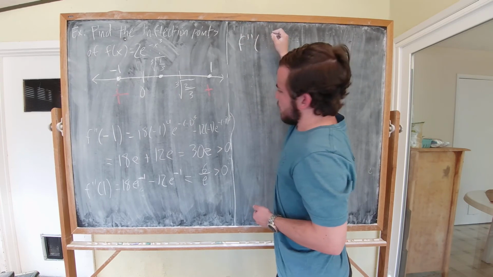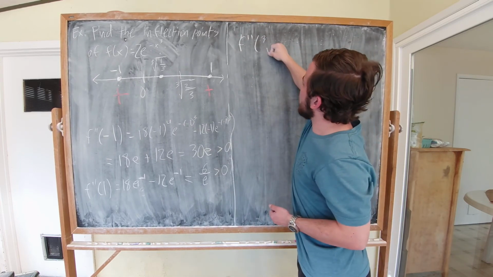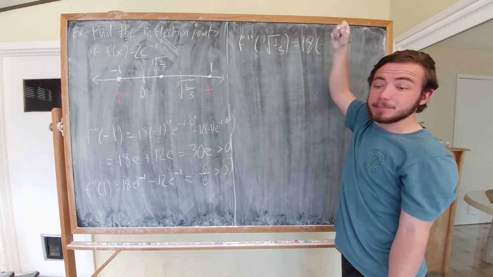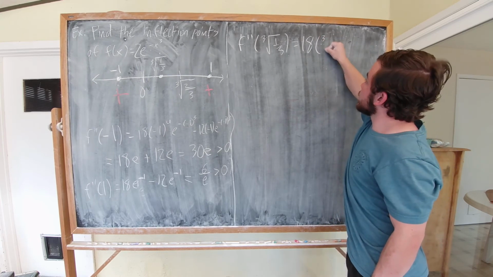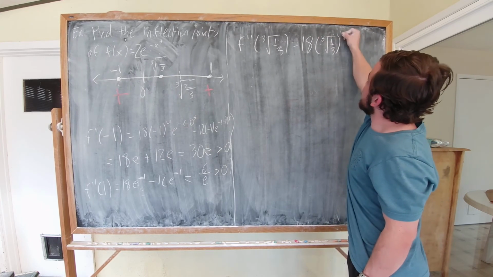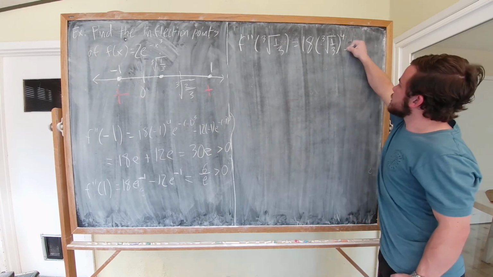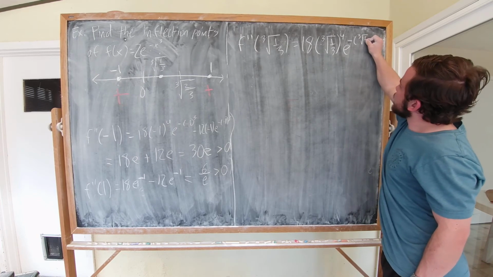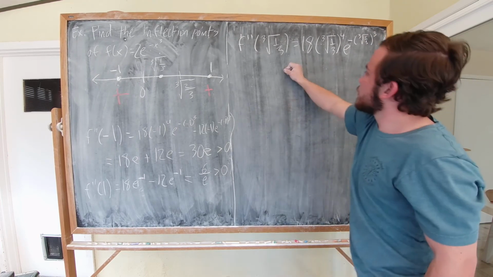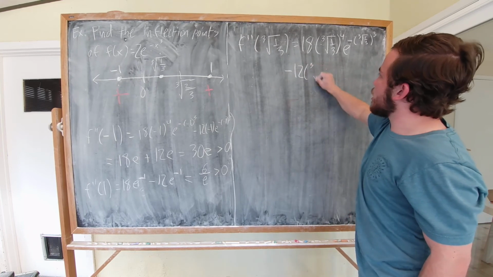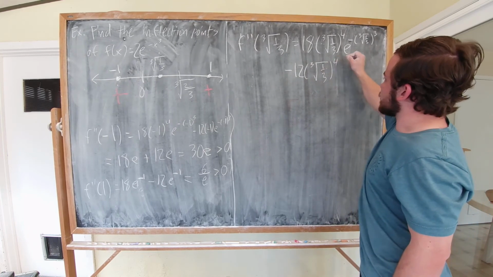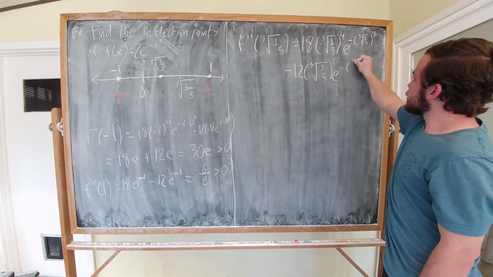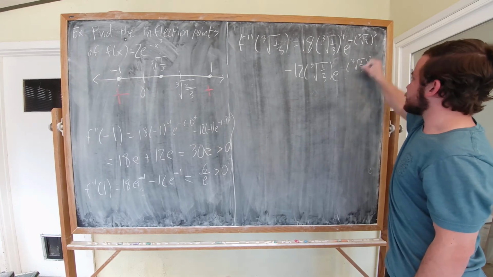F double prime of the cube root of 1/3 will be 18 times the cube root of 1/3 to the 4th power e to the negative cube root of 1/3 cubed, minus 12 times, or sorry, just cube root of 1/3, e to the negative cube root of 1/3 cubed.